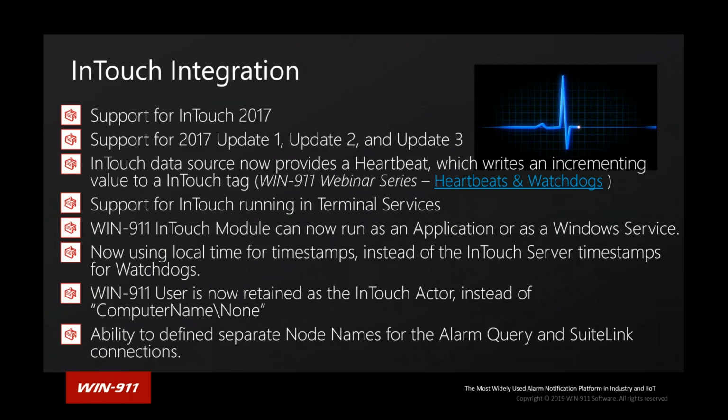The reason for that is that as an acknowledgement occurred from a cell phone, SMS text message, or email, it would come back to WIN-911. We would then push this on to InTouch. Through our connection from WIN-911 to InTouch, it would get acknowledged, and InTouch would see this as, okay, it's been acknowledged by this computer. It would pass the information back to us with basically that computer name slash none, and that was what was getting logged.